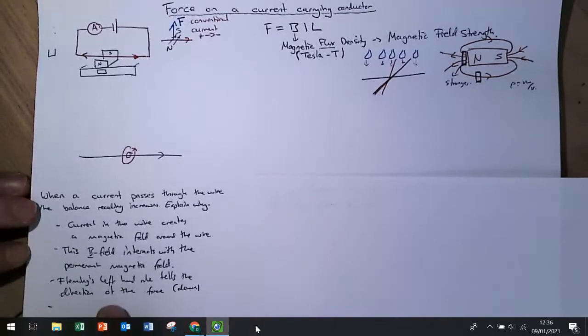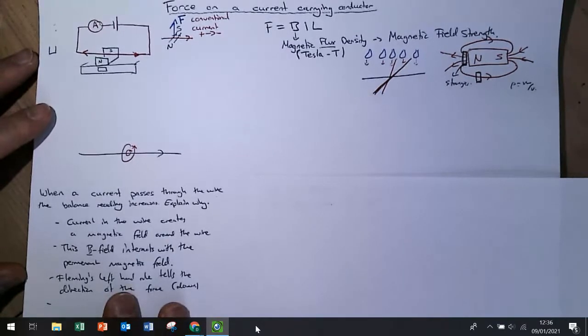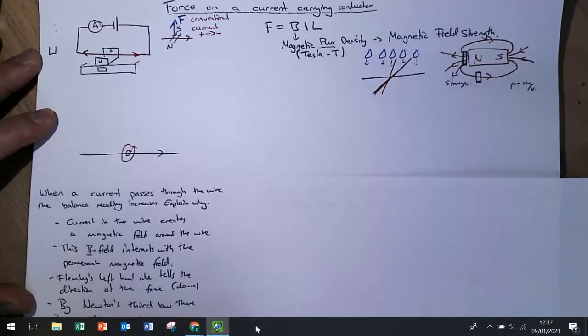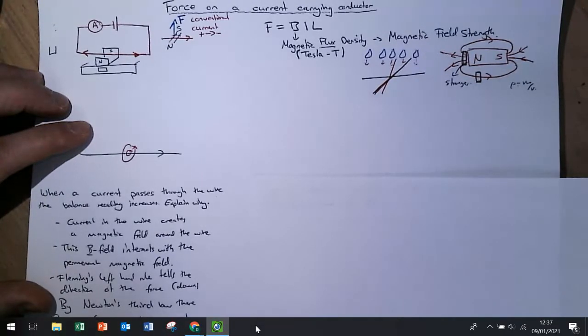And the last step, which is potentially the trickiest, is that by Newton's third law, there is a force on the magnets downwards. So the balance reading increases.